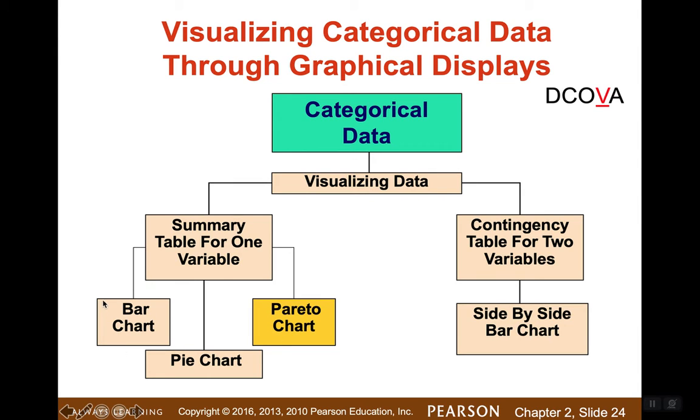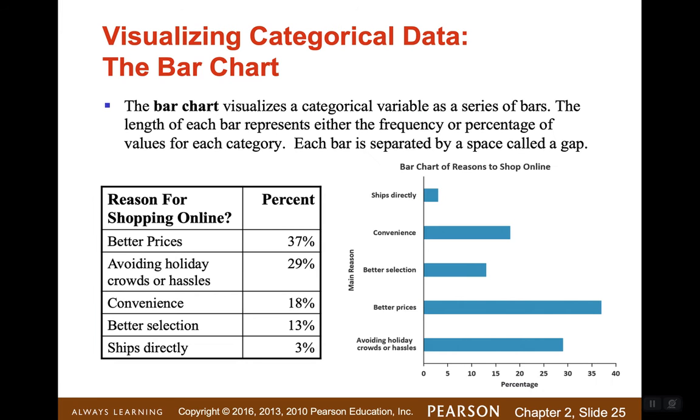The ones that probably make the most sense are either a bar chart, a pie chart, or a Pareto distribution. But usually, bar charts and pie charts are the 2. For a contingency table, so for 2 or more variables, we would use a side-by-side bar chart.